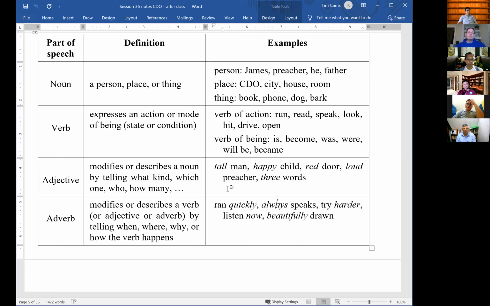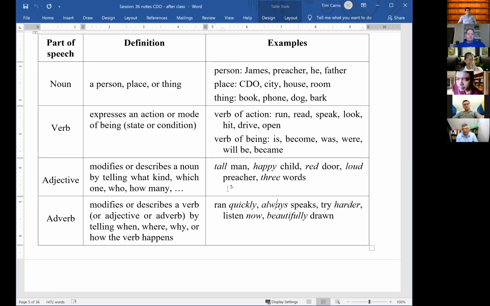And then again, the diagram's really going to help you when you're breaking down a passage and trying to see its structure, so that you will focus on what the author's focusing on as the major points, instead of, sometimes our tendency can be to grab a minor point and make that the major point when the author isn't doing that. Okay, so we want to be able to see what is the major point the author is making in the paragraph, and then how do the other phrases and clauses support that point.